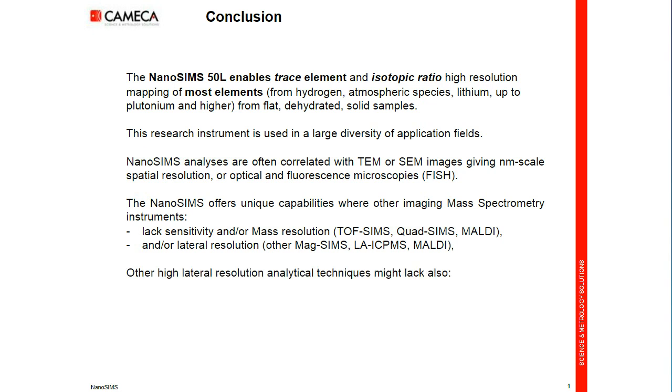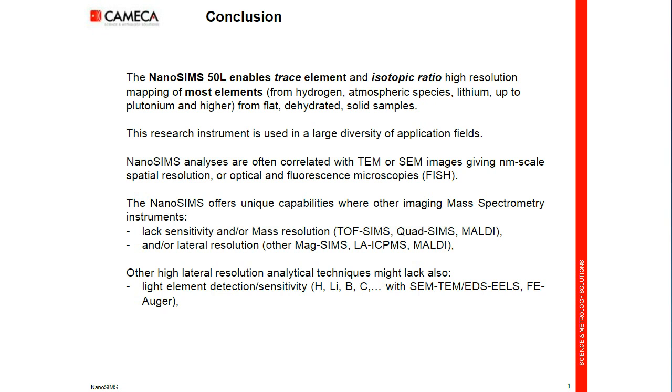With instruments offering higher spatial resolution, like SEM, TEM, combined with EDS or EELS, or field emission Auger, you might miss light element detection or sensitivity. Lithium, nitrogen, boron, carbon, for example.